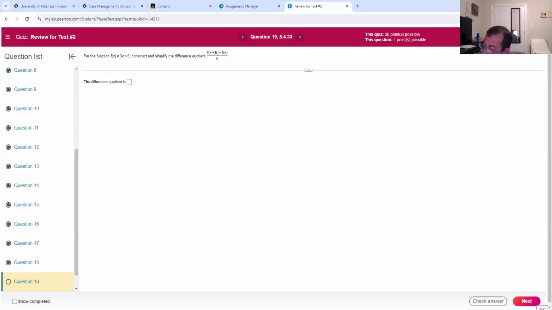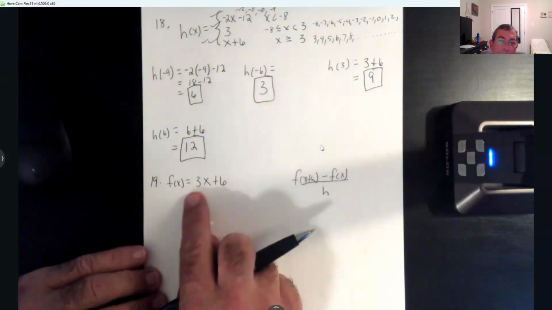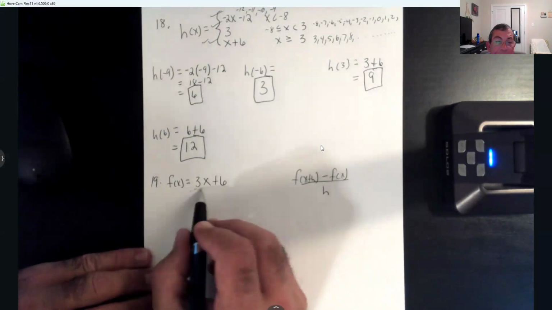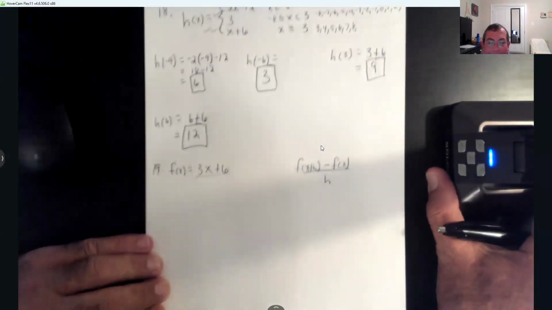Oh, so the difference quotient, f of x plus h minus f of x all over h. And the first one they're giving me, f of x equals 3x plus 6. All right, so this one wasn't bad. This is the one where I got a single number, because remember, this is a straight line if you were to graph this.